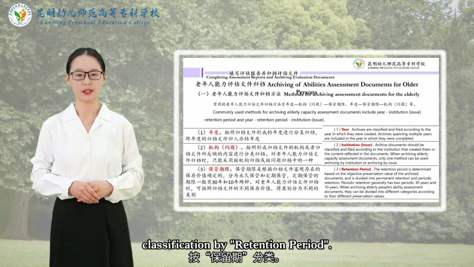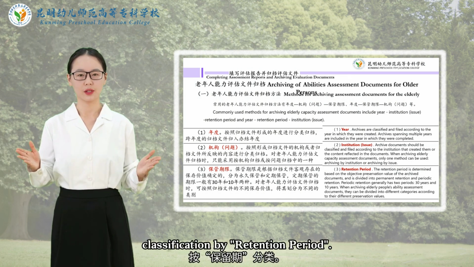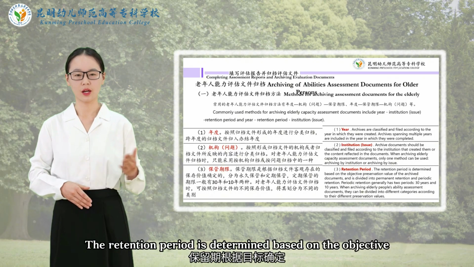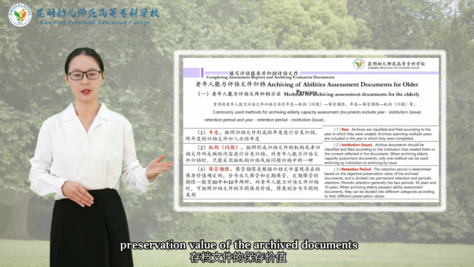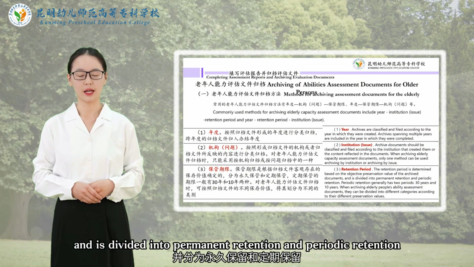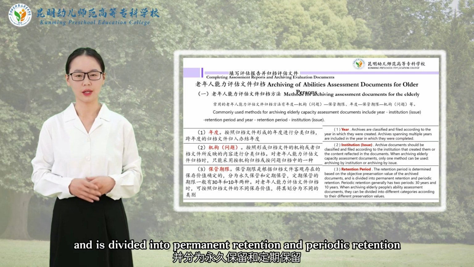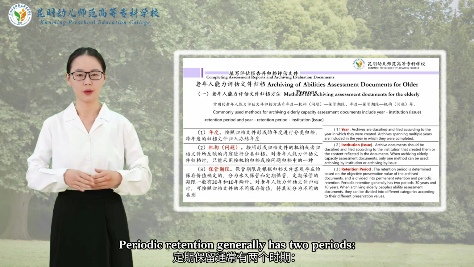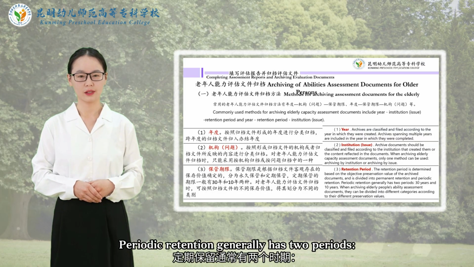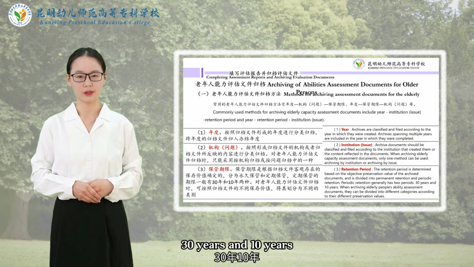Third, classification by retention period. The retention period is determined based on the objective preservation value of the archived documents and is divided into permanent retention and periodic retention. Periodic retention generally has two periods, 30 years and 10 years.